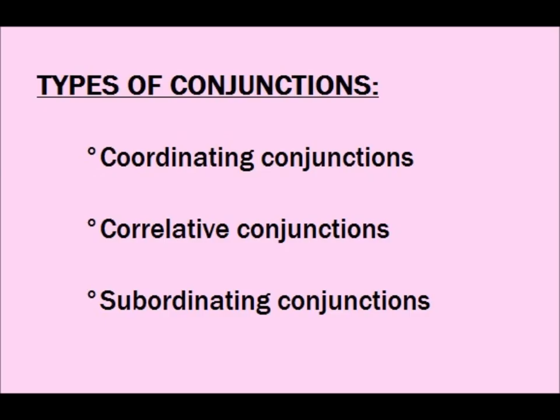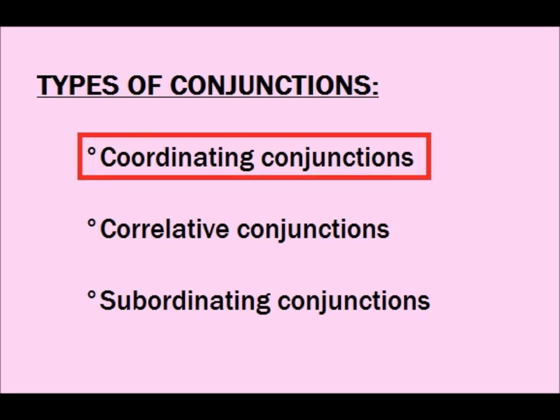In English, we can find three main types of conjunctions: coordinating conjunctions, correlative conjunctions, and subordinating conjunctions. We're going to start with coordinating conjunctions.